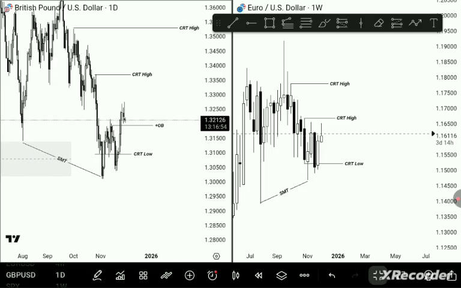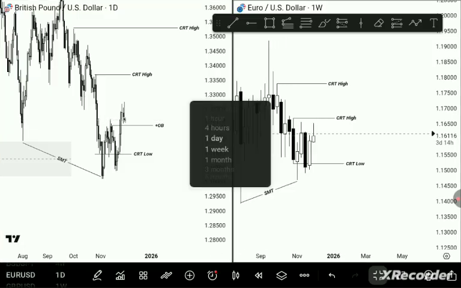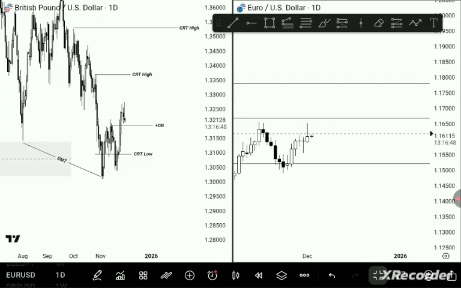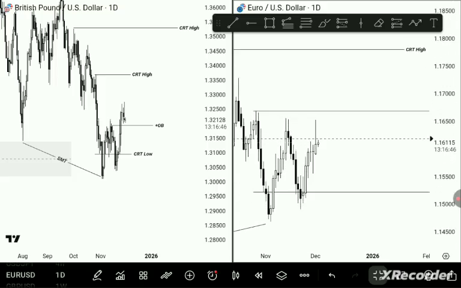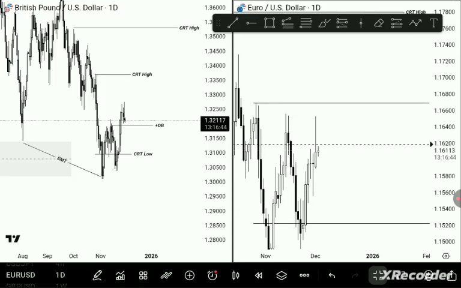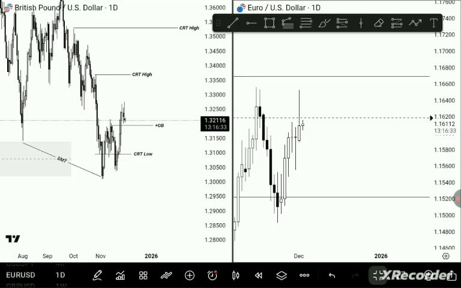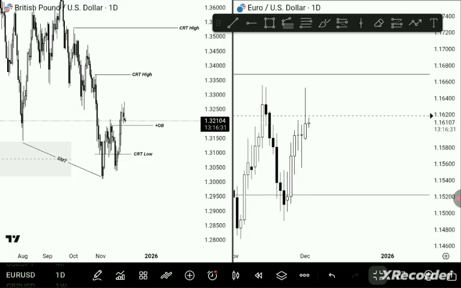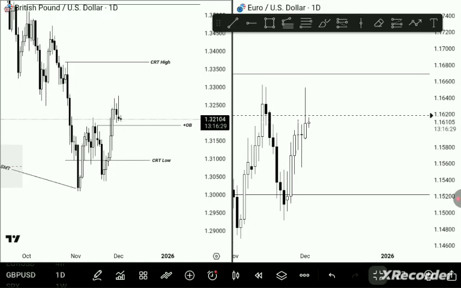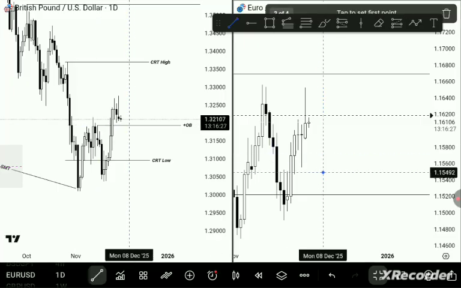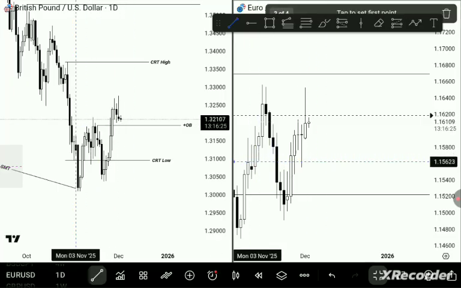Here on the daily, the daily time frame is the most important time frame that you must always do your analysis correctly on, right? So first of all, the order flow has been quite bullish, because you can see that price was rejecting lows, right?